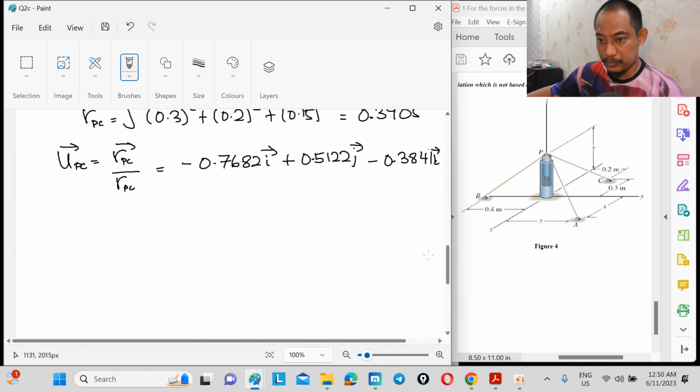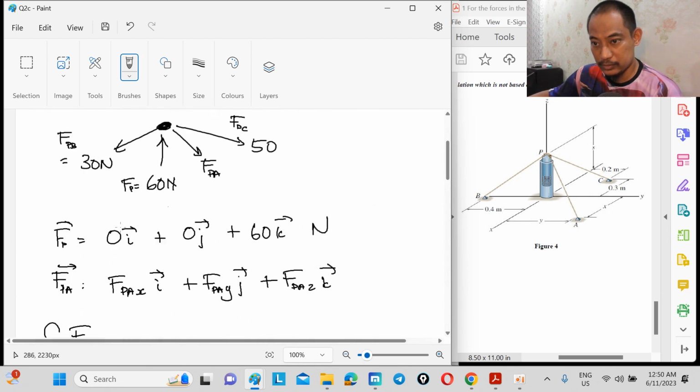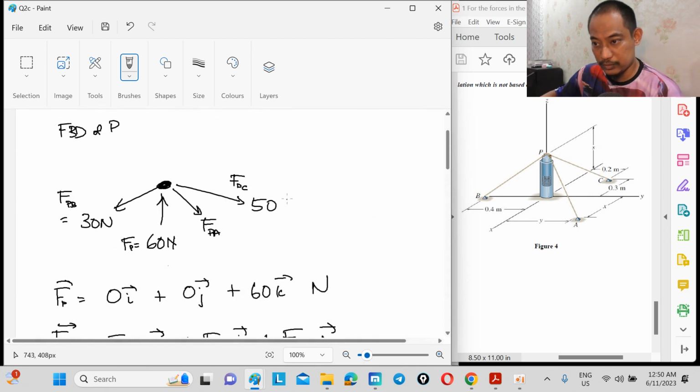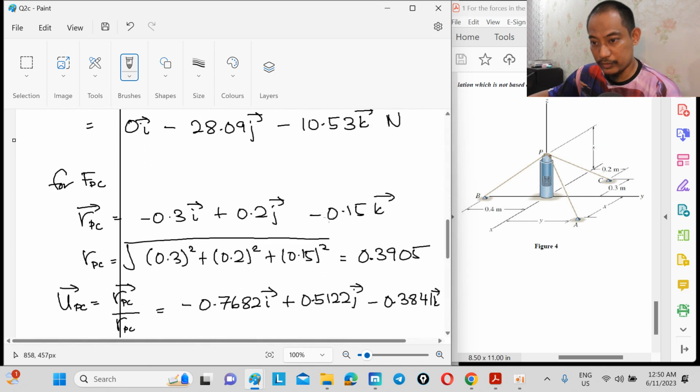So FPC is basically, what's the value? FPC is 50 Newton, right?